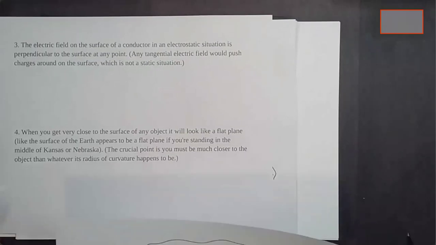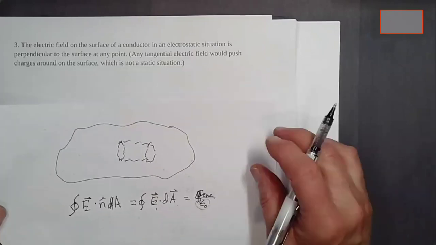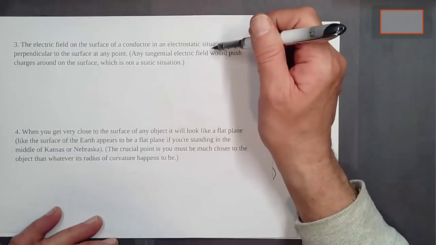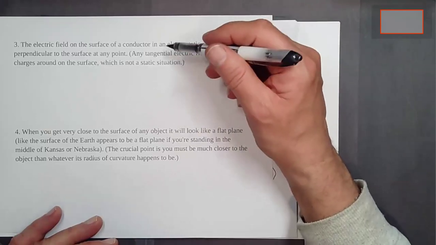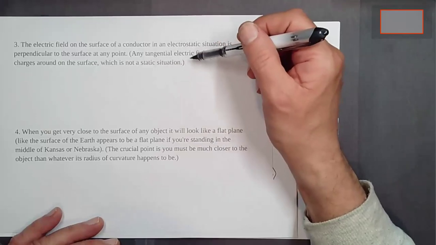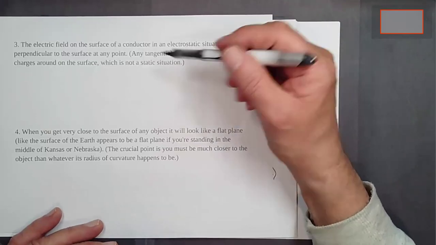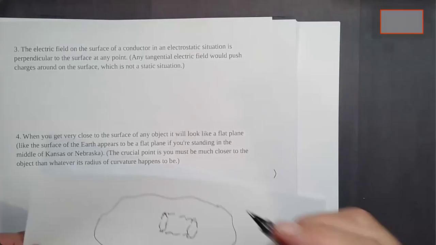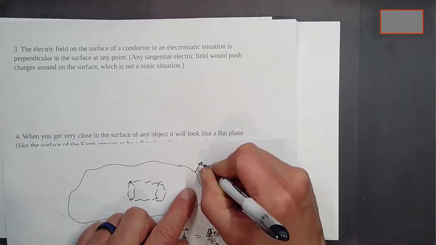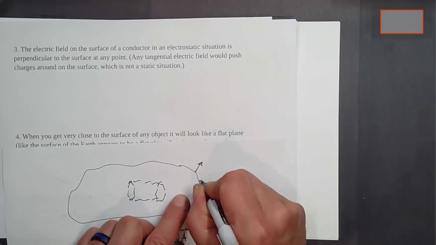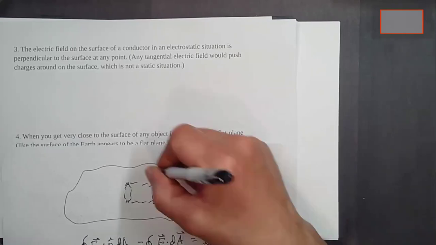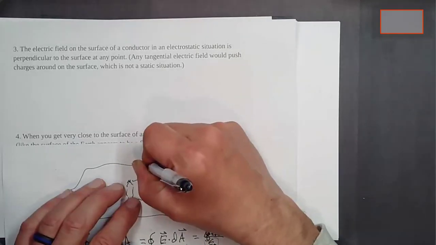Also, the electric field on the surface of a conductor in an electrostatic situation is perpendicular to the surface at any point. If it has a tangential electric field, that would be pushing charges around on the surface. So the electric field is perpendicular to the surface at every point, which means if you've got a weird curved shape, it's going to be pointing all sorts of different directions.